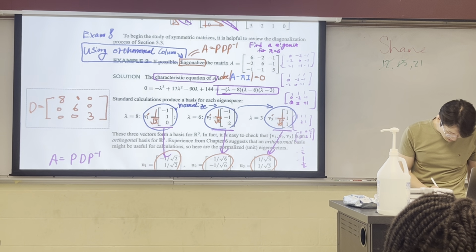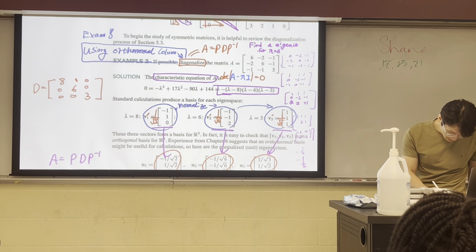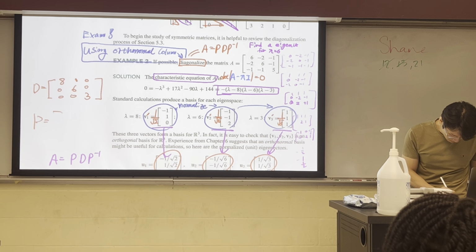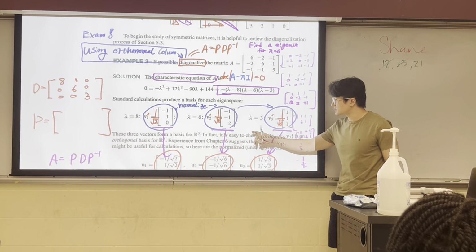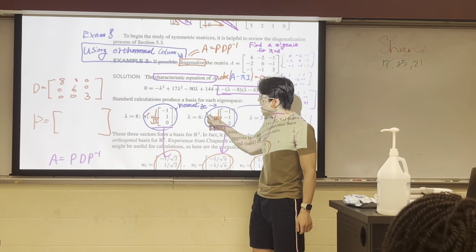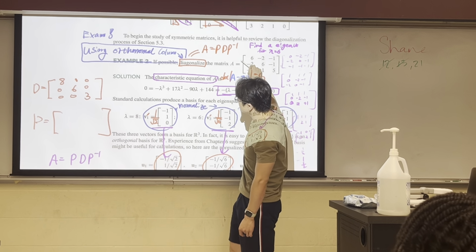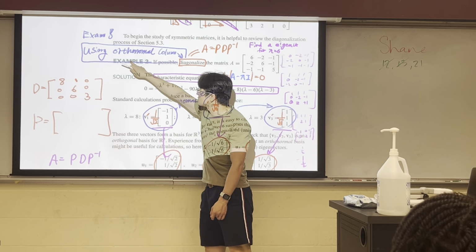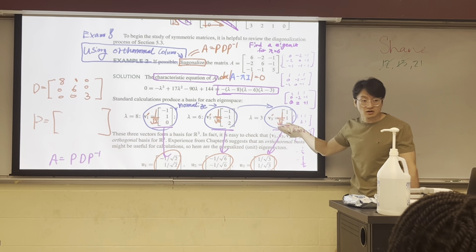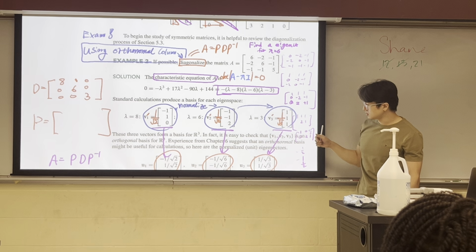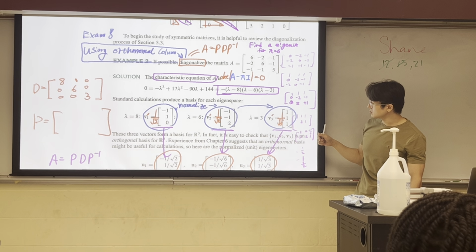And then for P, you also copy and paste the normalized eigenvectors, because I want you to diagonalize this matrix using orthonormal columns, which are these normalized columns.